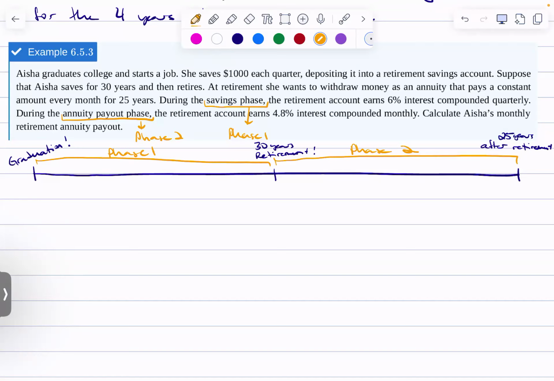So she's going to make quarterly payments. So first quarter, second quarter, and for 30 years, 30 times 4, there are 120 quarters. So 119 quarters, and she's going to put away $1,000 each quarter.